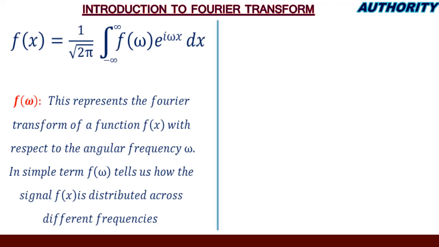In simple terms, F of omega tells us how the signal f of x is distributed across different frequencies. When you take the function f of x and apply the Fourier transform, it breaks it down into the different frequencies of the signal.